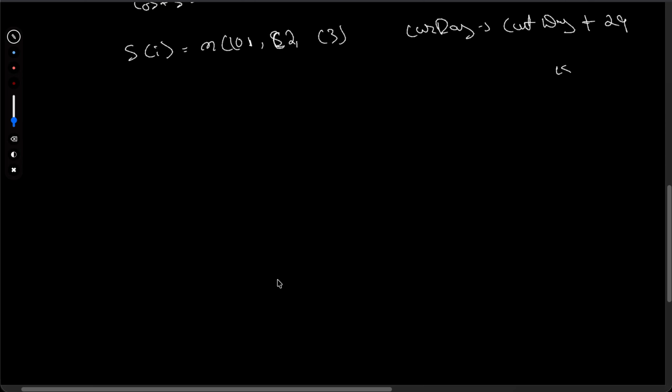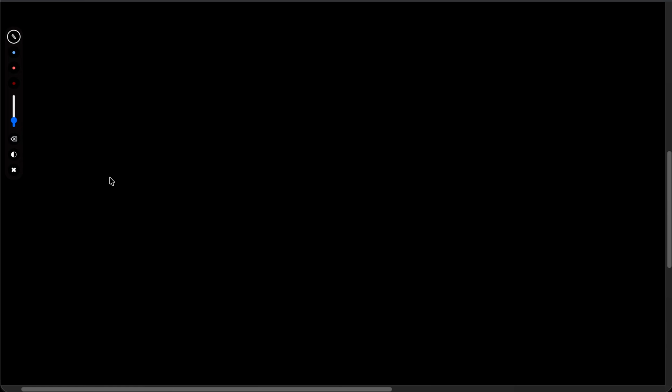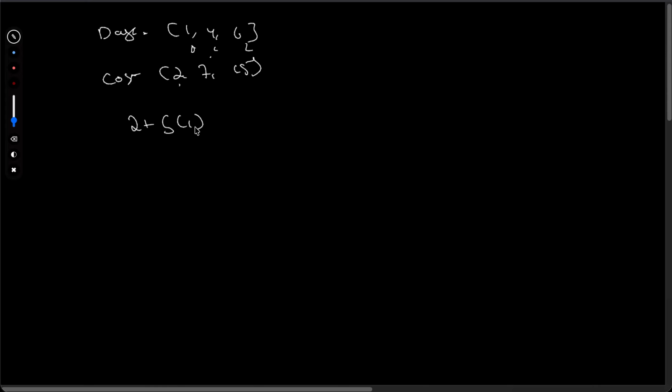Now let's take a small example. Let me clear all of this. Now see, we have days array like 1 4 6 and cost array 2 7 15. Start at index 0, day 1. If we buy a 1-day pass, the cost is 2, next index is 1, so 2 plus solve of 1.